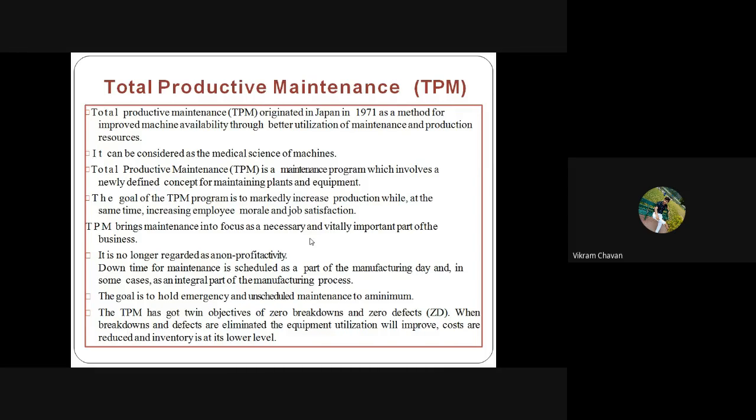This degree of automation goes on increasing. Some of the plants are fully automated. There is no human interface in those particular plants or the production run, but the maintenance activities need a human interface. Even if the plant is fully automated, the maintenance activities are carried out by the human being only, or the workers in that particular industry.